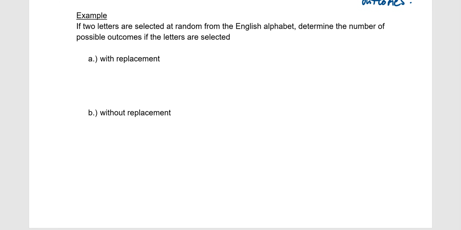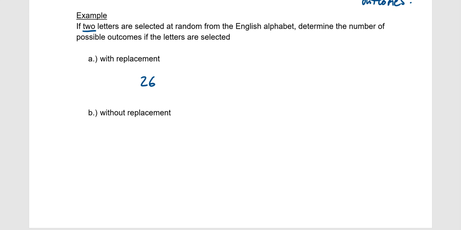Okay, let's see another example before we get into tree diagrams. So if two letters are selected at random from the English alphabet, we want to determine the number of possible outcomes if the letters are selected with replacement and without replacement. So the first one, with replacement, we have 26 options for the first letter, and we're choosing two letters.